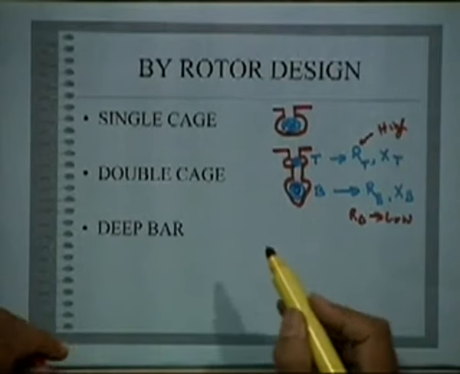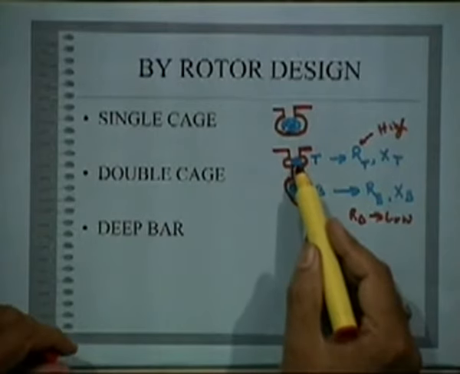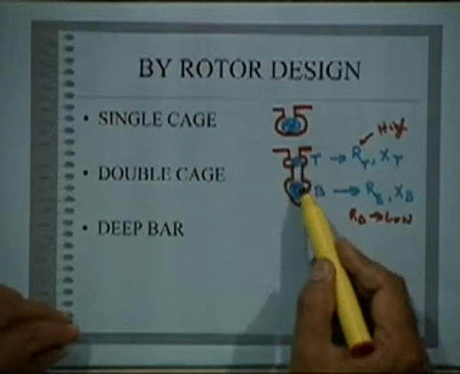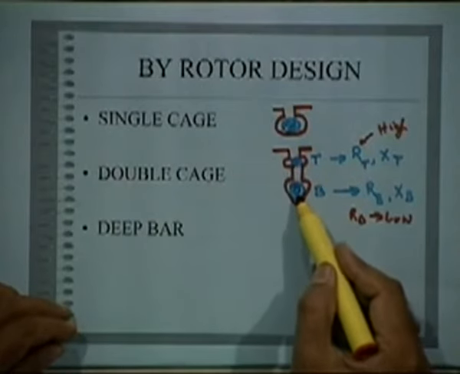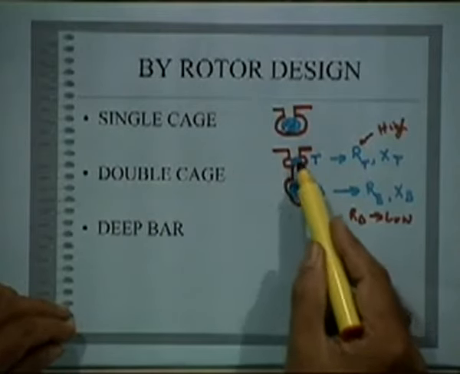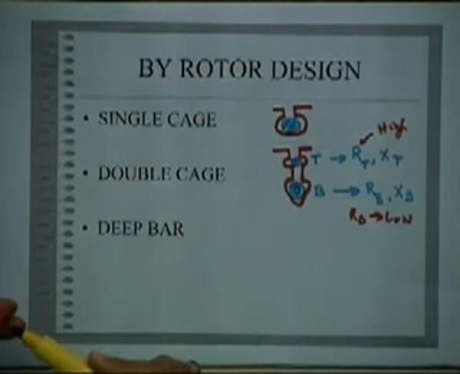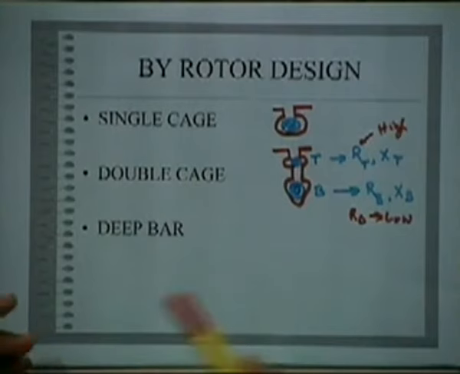Now initially at start, current will be mostly in the top bar because of skin effect. At starting the frequency is high and running frequency is low, and at running more current will be flowing in the bottom, therefore this will be the arrangement. So you can have a good starting and running performance through this.